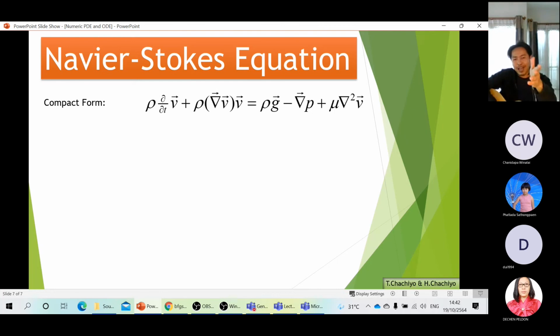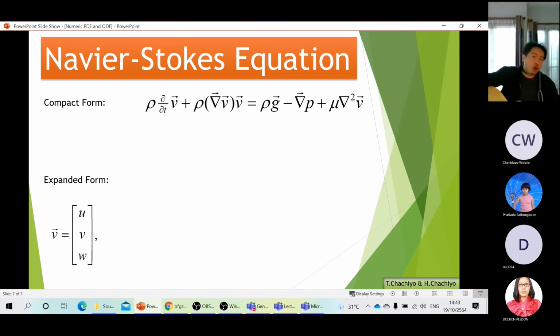But this is what it looks like, the Navier-Stokes equation in a compact form. Even in a compact form, it's long. Now let's look at the expanded form. If you expand the term here, what do I mean by that? As the liquid flows, it has a speed at any point.